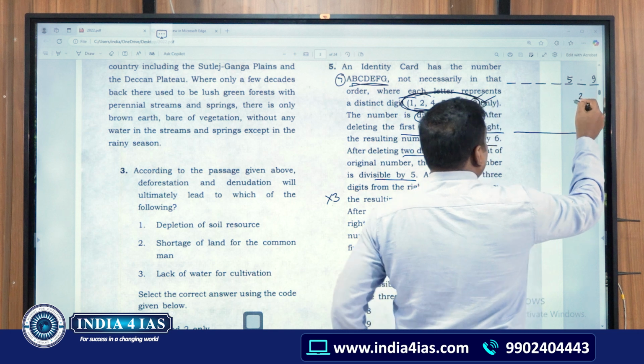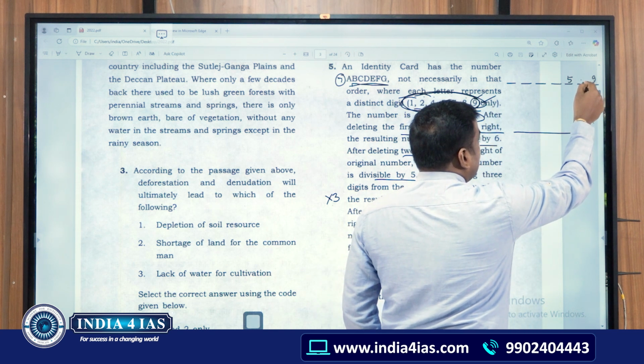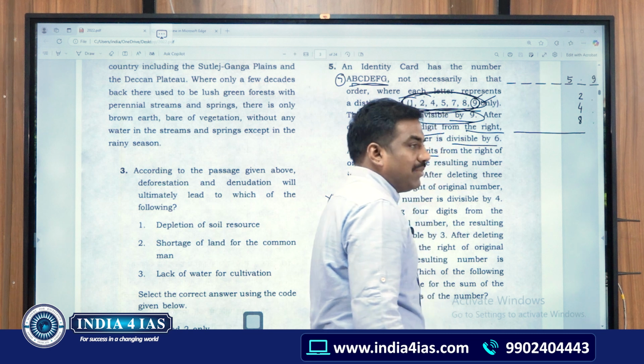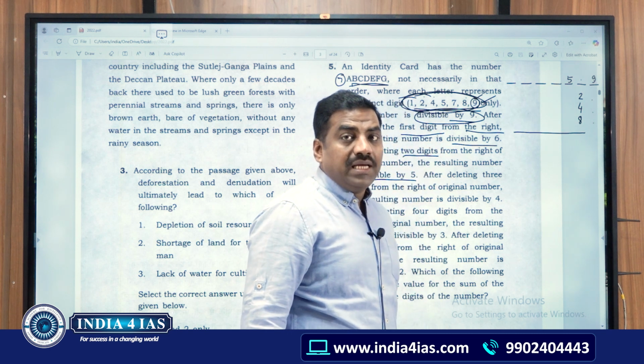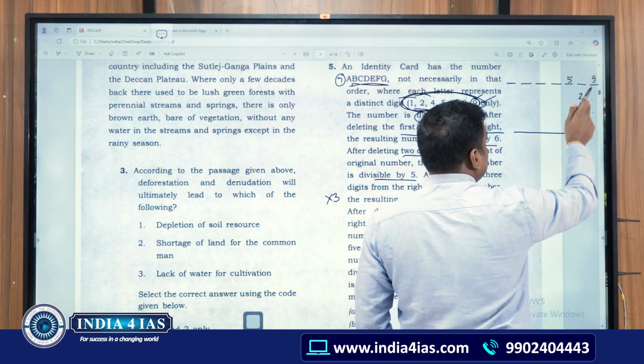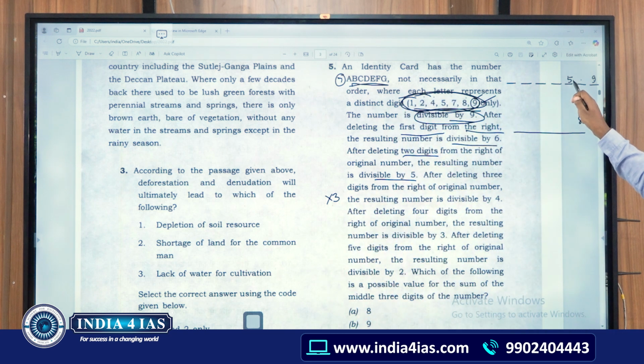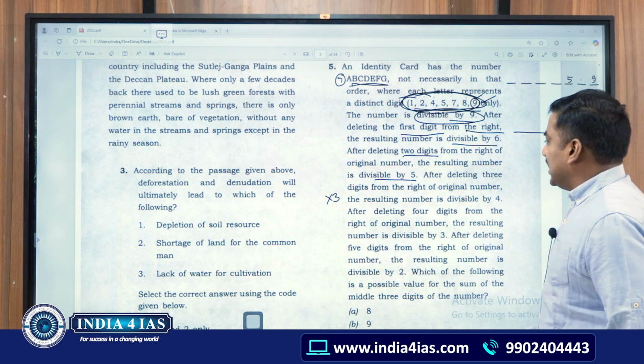So 5 goes here, and then try to arrange. When you put some number here, it has to be divisible by 6 totally. But we cannot conclude anything right now by using 5 and some random number here. Let us look into the other details.